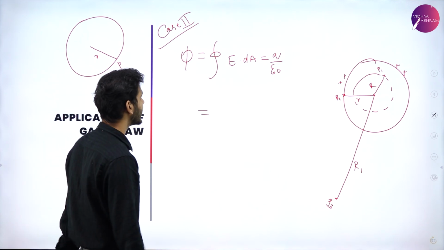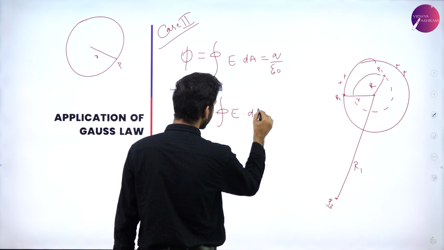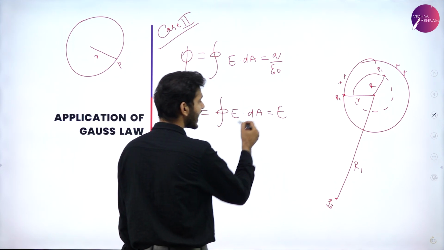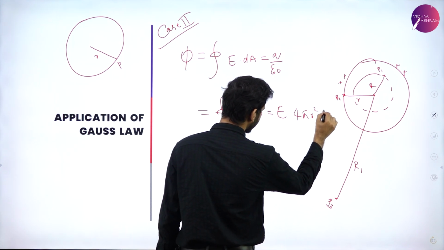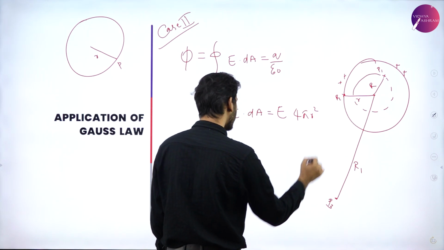So we know that the closed surface integral E dot dA is equal to E into A, which is nothing but 4 pi r square, that is small r square, because this distance is denoted by small r.